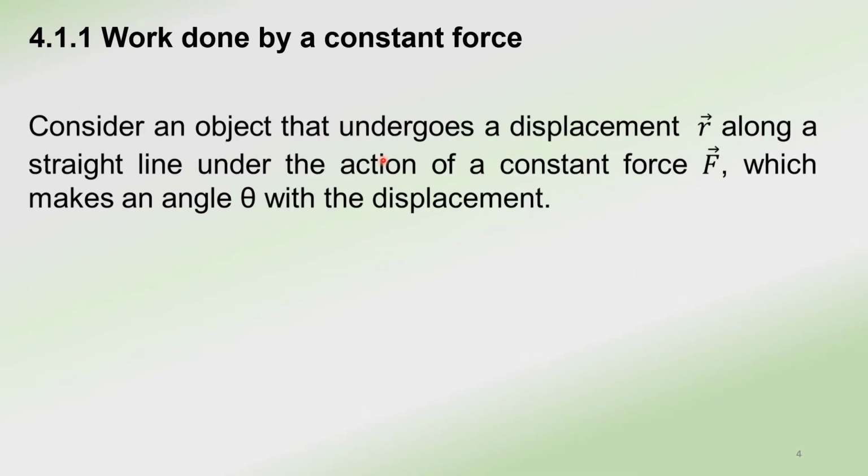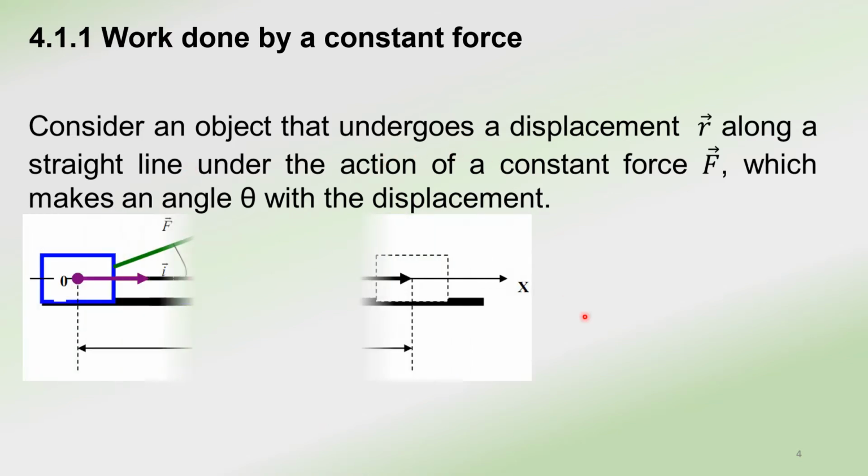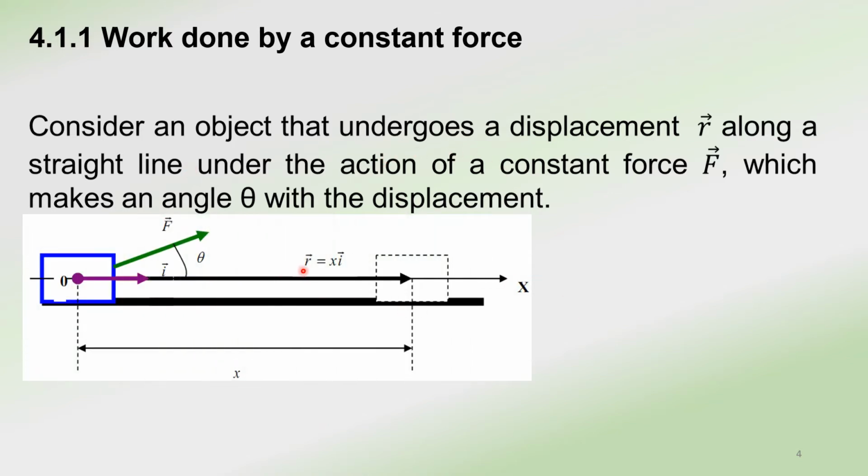Consider an object that undergoes a displacement r along a straight line, meaning the body starts from the left and goes to the right and has moved a distance x.